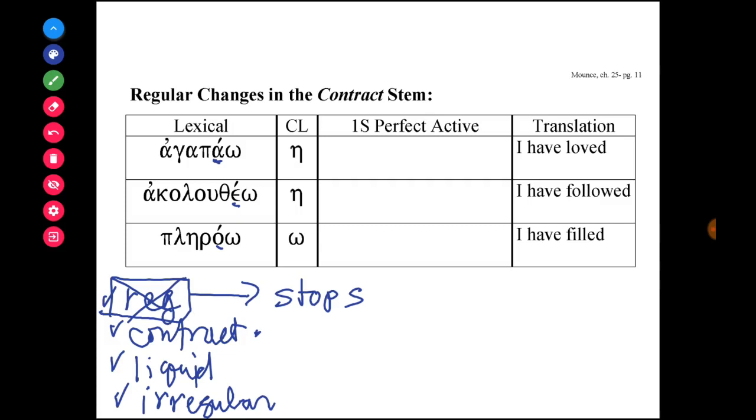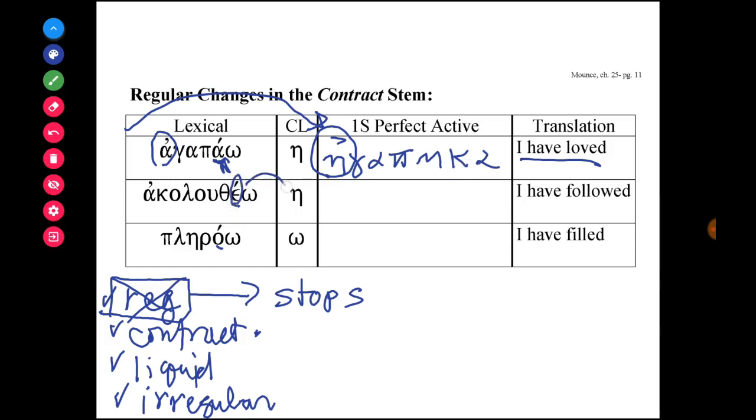So if I want to say I have loved, here's my reduplication. Remember that with the short vowel, reduplication is the long, you make it long. So it's a, ga, and then here is my compensatory lengthening: instead, alpha becomes an eta. Ega peka is I have loved.